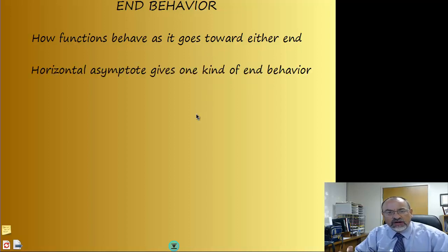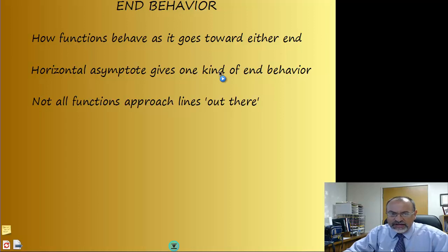Now, the horizontal asymptotes give us one kind of end behavior. It tells us that out there at the ends, the graph is approaching this horizontal line. And again, as we talked about in asymptotes, a better name for the horizontal asymptote might be the end behavior asymptote, because it does give us the boundaries of the graph as it approaches either end. Now, not all functions are going to approach a line way out there.